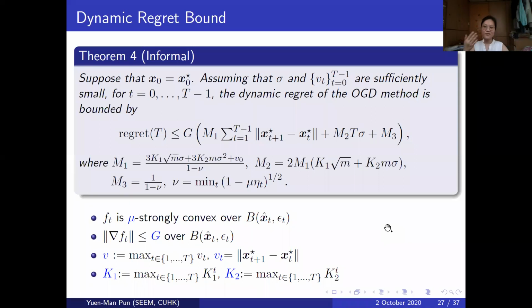Okay, now finally, let's come to another main result in our work. That's the dynamic regret bound. Again, we assume that we know the initial location, and we set this as our initialization, and assume the noise power and the path variation are sufficiently small.